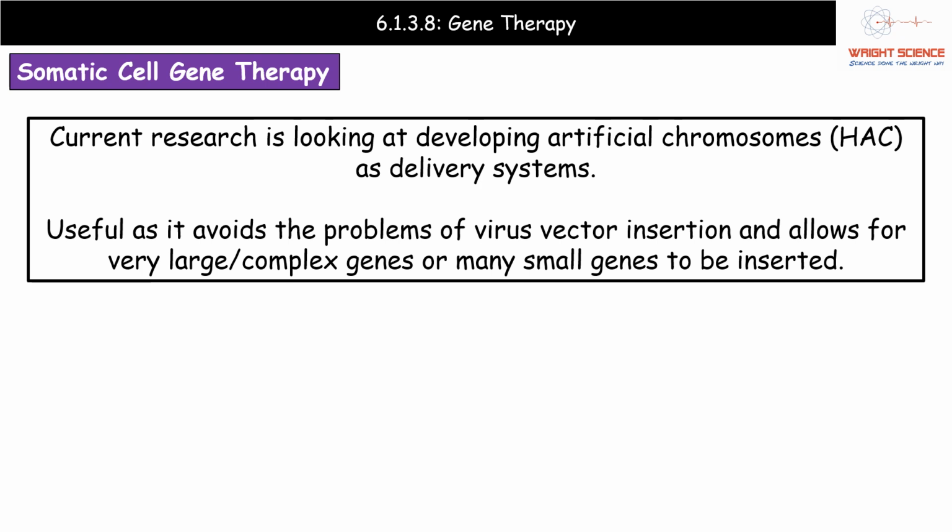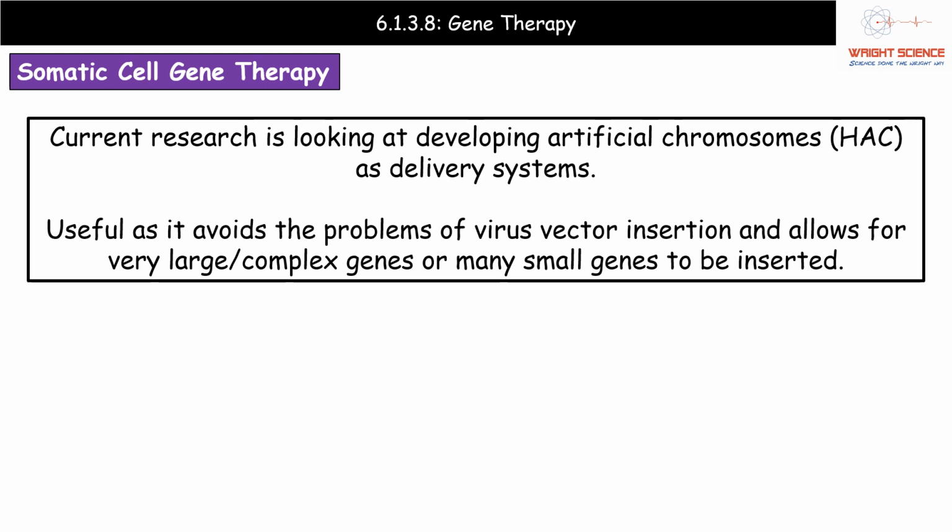What they're currently looking at as a strand of research at the moment is developing something they're terming artificial chromosomes, or HAC. And these artificial chromosomes are going to act as a delivery system for these functional alleles.